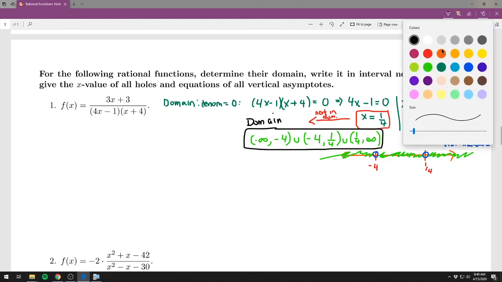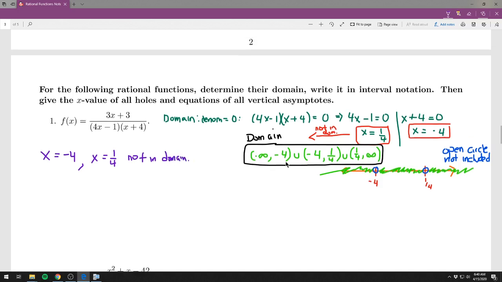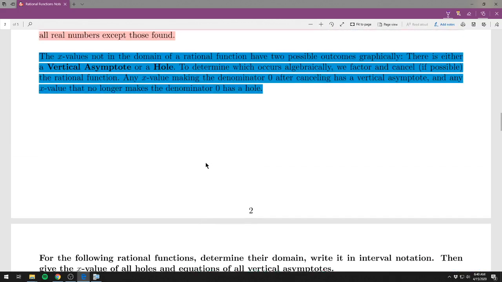Now what we want to do with these numbers specifically, 1/4 and -4: are there vertical asymptotes there or are there holes there? So we have x equals -4 and x equals 1/4, not in the domain. The question to answer is do we have holes or vertical asymptotes?